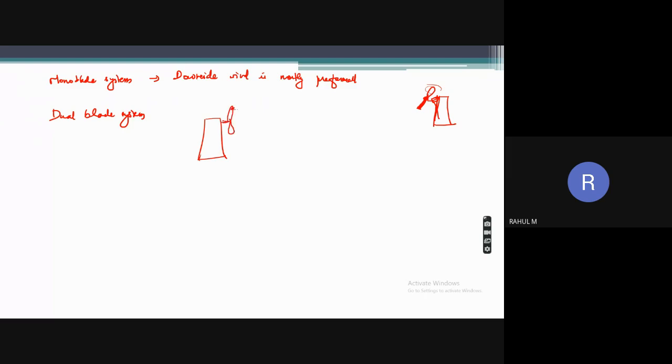Since there is a power difference, there will be a vibration problem. For a dual blade system one of the main issues is that it will have high vibration, and due to this vibration the chances of gearbox failure are more.